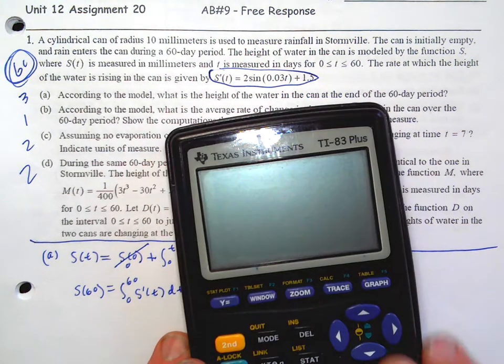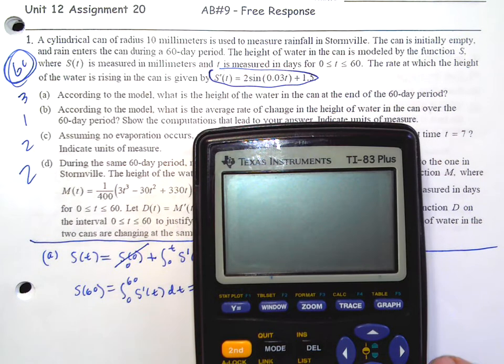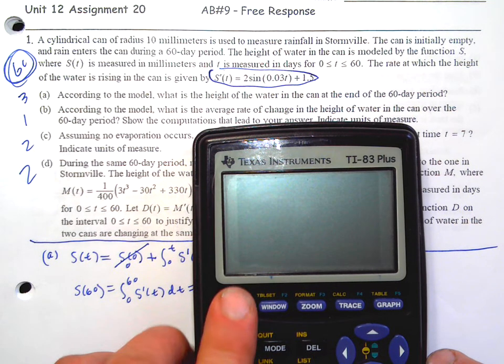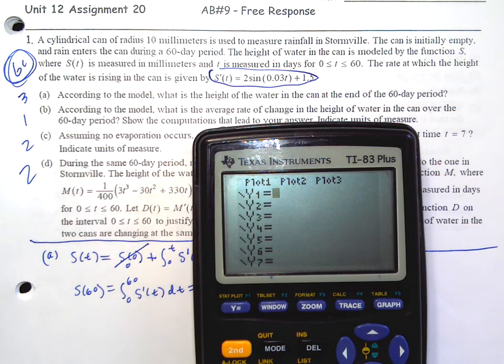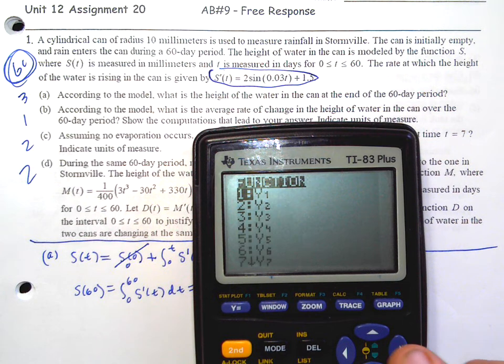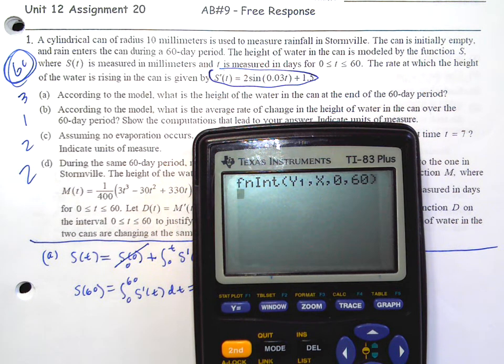Now, on your calculator, I'm going to put it under the Y menu, and we're probably going to have to do multiple calculations with it, so it'd be helpful. 0.03x plus 1.5. I'm not graphing it. I'm going to go back to the home screen and go math 9, fnInt, with Y1, comma x, comma 0, comma 60.